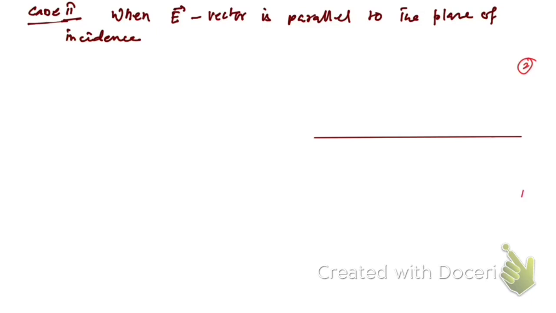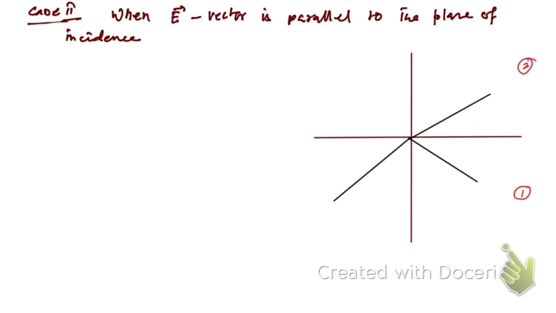This is medium 2 and this is medium 1, and here is the normal, suppose. Let me draw the incident wave. So this is the incident wave, suppose. This is the incident wave, and this is the reflected wave, and this is the refracted or transmitted wave, you can say.